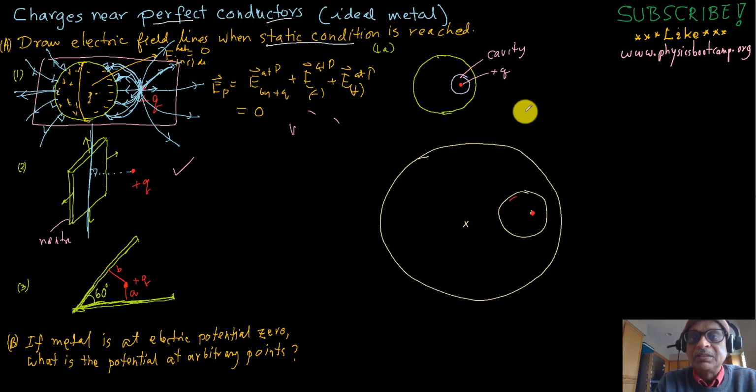So this will become negative, and outside will become positive. And because this electric field is zero, the outside positive will be distributed pretty evenly.